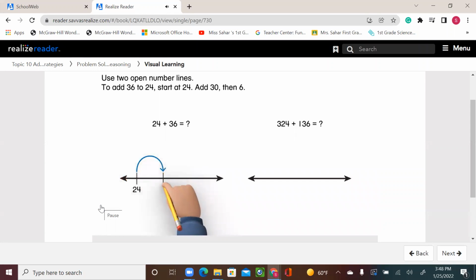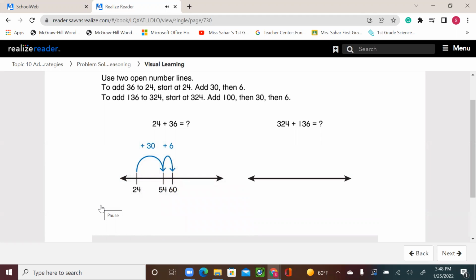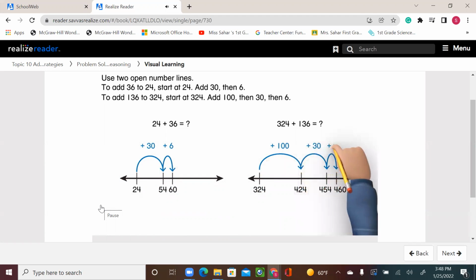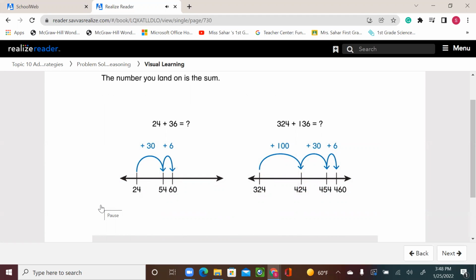Add 30, then 6. To add 136 to 324, start at 324. Add 100, then 30, then 6. The number you land on is the sum.